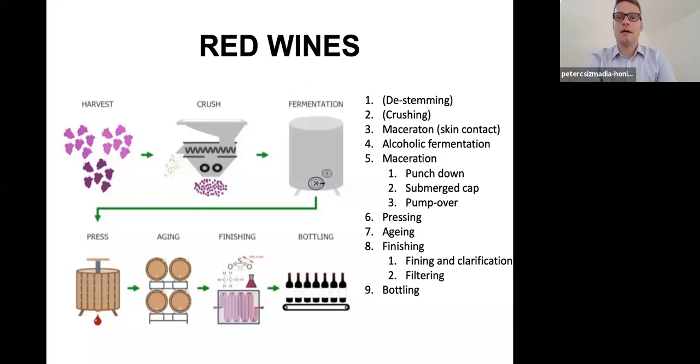However, there is a technique called whole bunch fermentation, and simply this will be done with grape varieties which are quite delicate, with quite thin skins, so there is not a lot of phenols to extract, and that's why they may need to increase it. So the berries are crushed to start the extraction of juice.